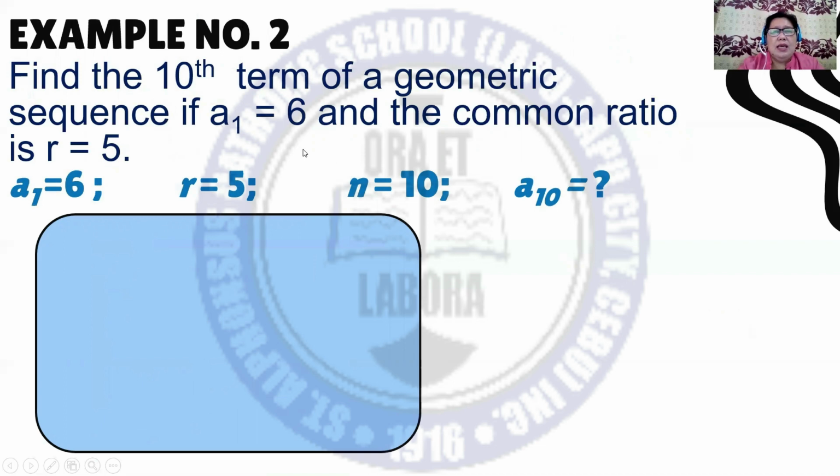and the common ratio is 5. The first term is 6, r is 5, n is 10 because we are looking for the 10th term, which is represented by a sub 10.